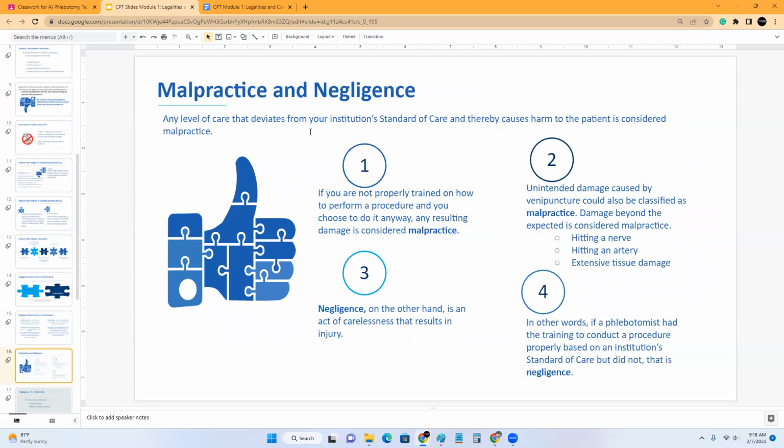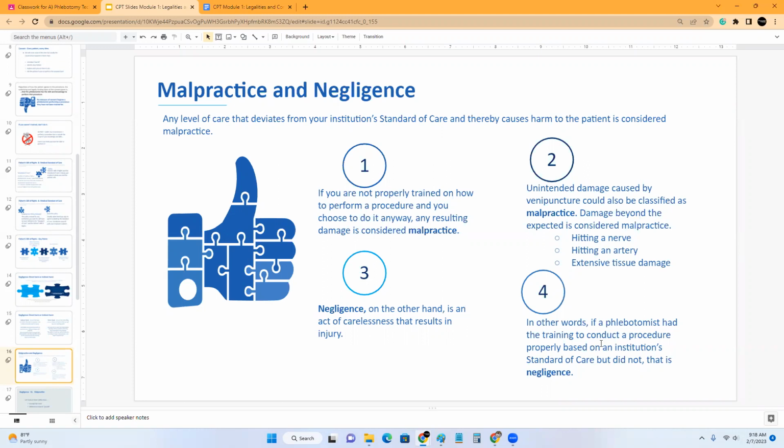a normal person. So the first two that I went over, malpractice situations, another phlebotomist would be able to say, hey, you know what? You not doing that right caused this person's injury. While negligence, anybody looking at the situation, doesn't have to be a phlebotomist, can actually say, hey, you were just careless and didn't think, and that's what caused this injury.